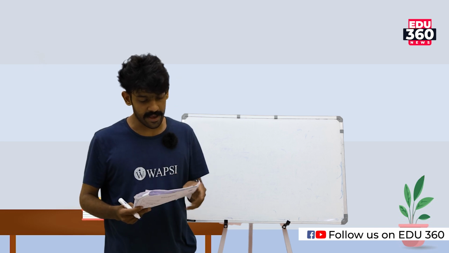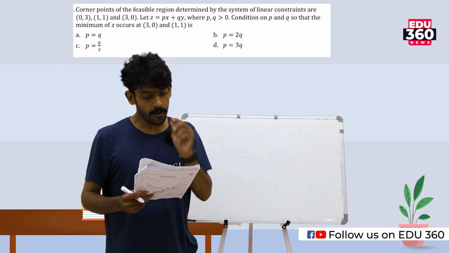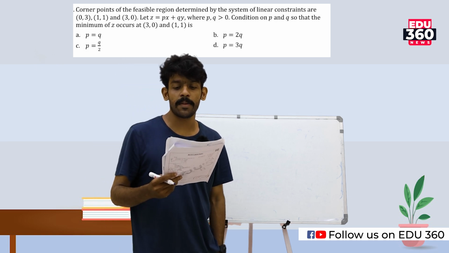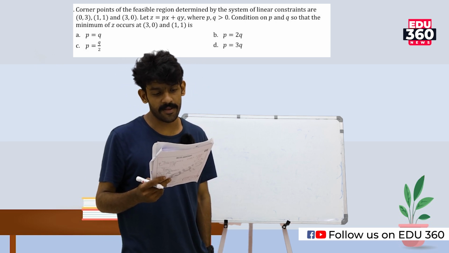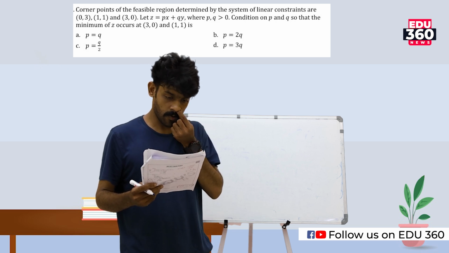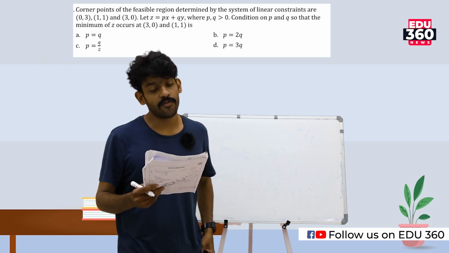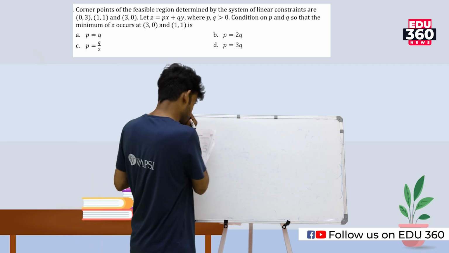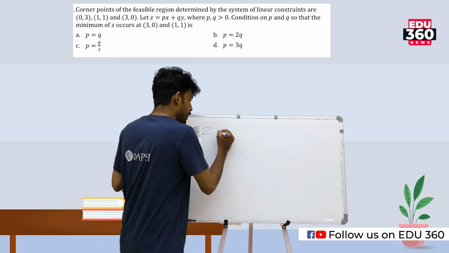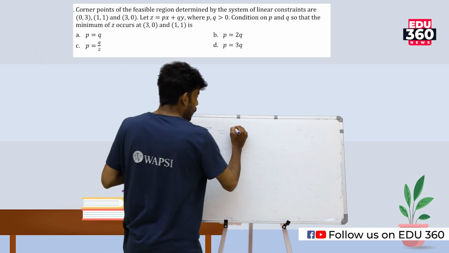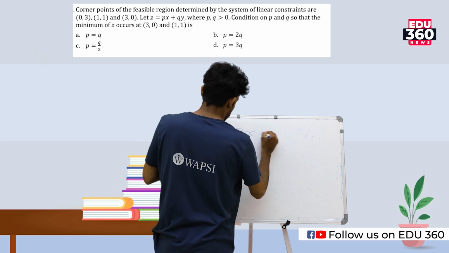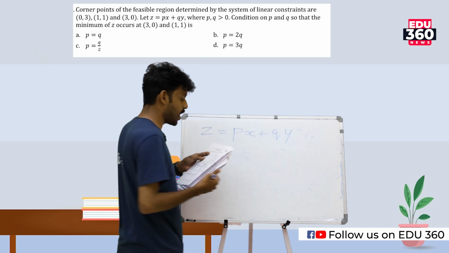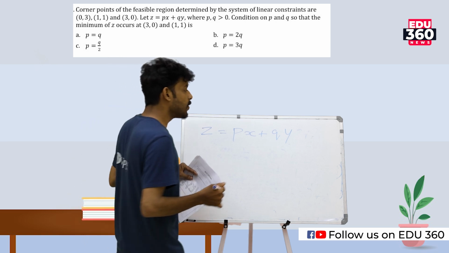The question is that the corner points of the feasible region determined by the system of linear constraints are given as (0, 3), (1, 1) and (3, 0). Let Z be equal to Px plus Qy, where P and Q are greater than 0.